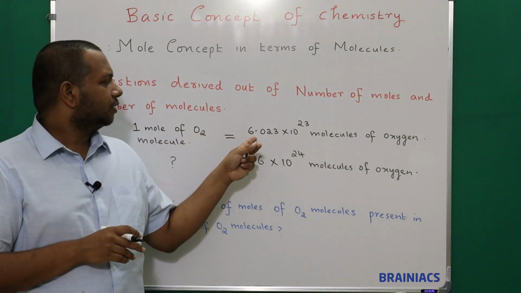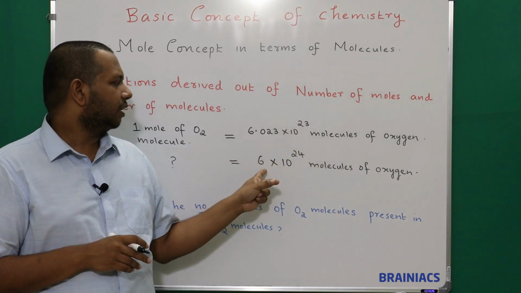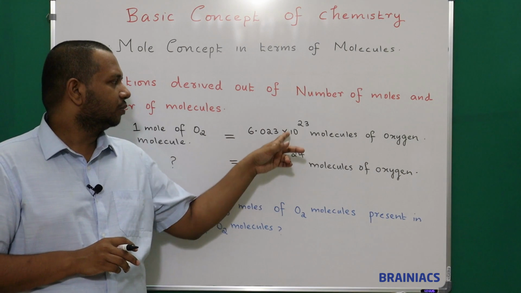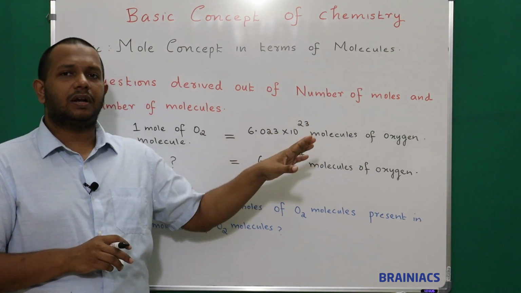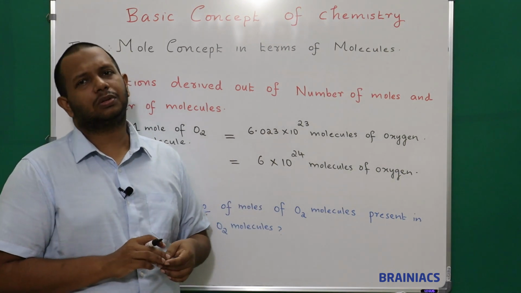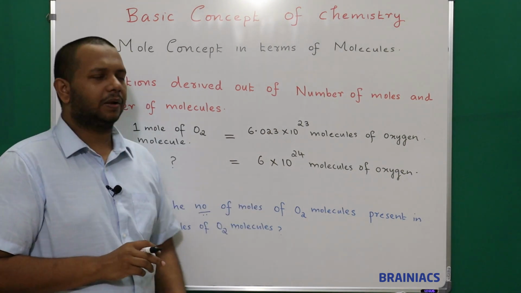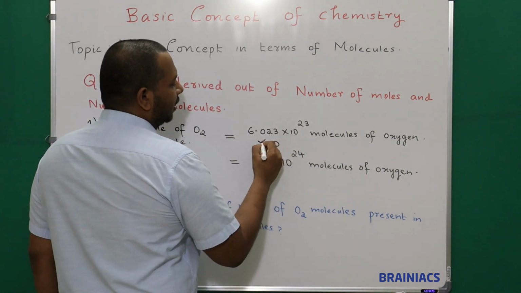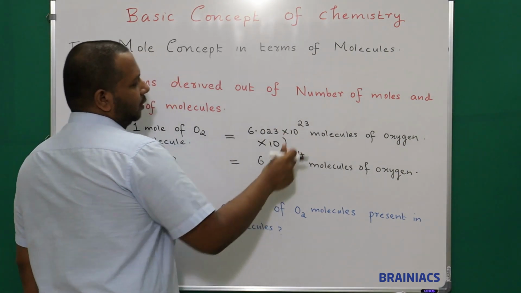But here if you see 6 into 10 power 23, how can it be converted into 6 into 10 power 24? If I just multiply by 10, 10 power 23 into 10 becomes 10 power 24. Don't think about 6.023 that we are approximating. Okay. So multiply by 10. So on multiplying by 10, this will get converted to this one.